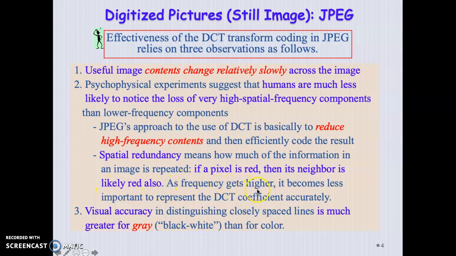As frequency gets higher, it becomes less important to represent in the DCT. If your image frequency is high, it is less important, so you can remove or truncate the less important information. That's why the DCT coefficients are used. And the third observation: visual accuracy in distinguishing closely spaced lines is much greater for gray than for color.